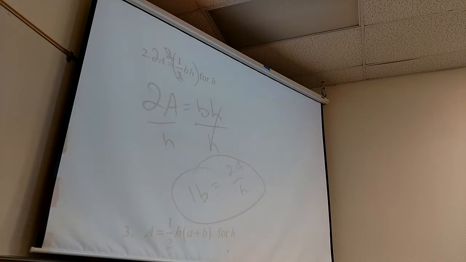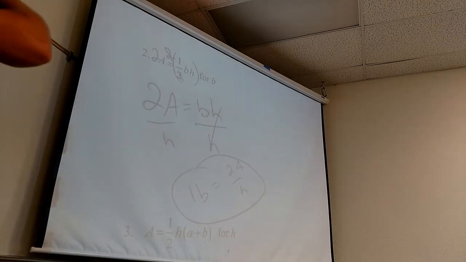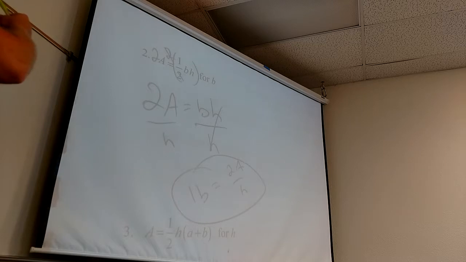So 2a over h equals b is the same as a minus 1/2 bh? No. If I subtract 1/2 bh from both sides, I don't have a statement that tells me what B is.